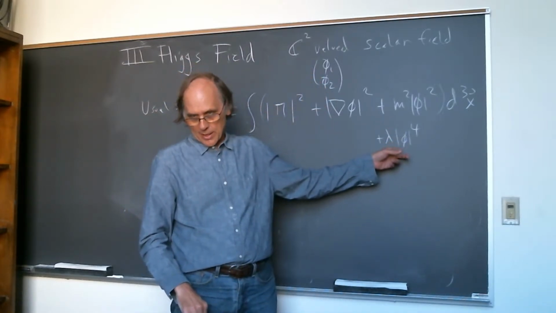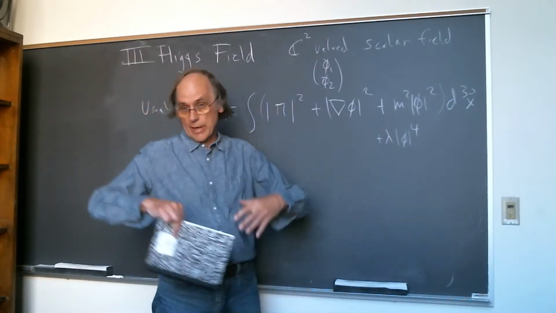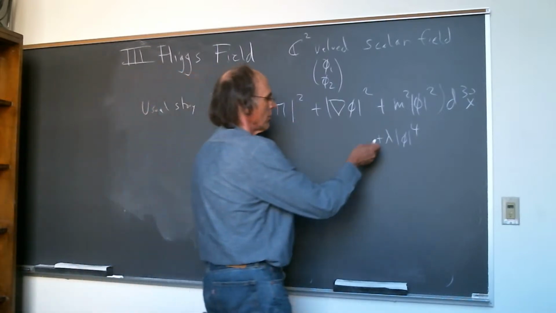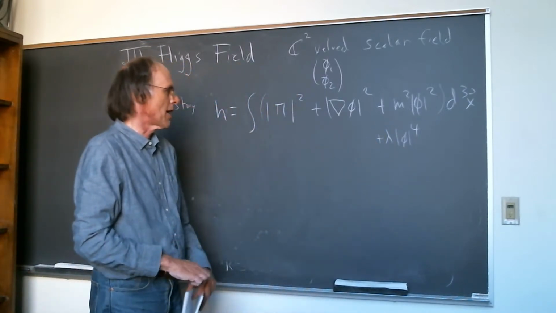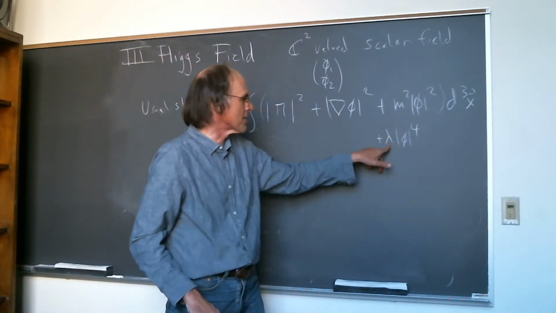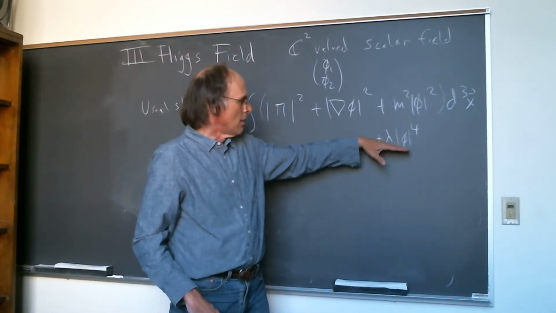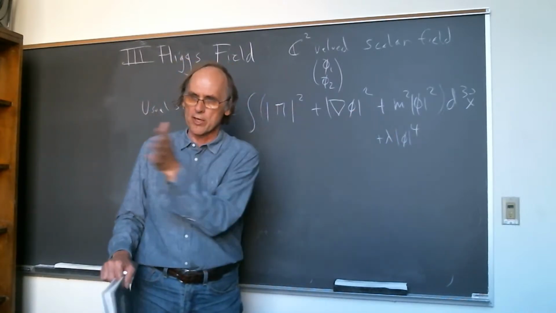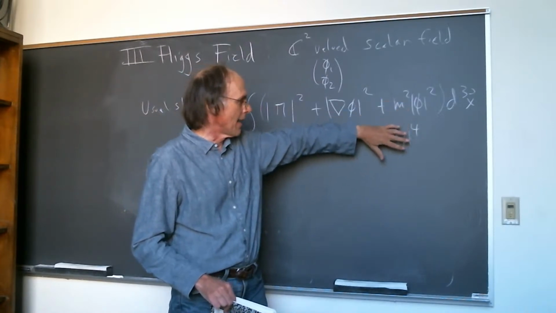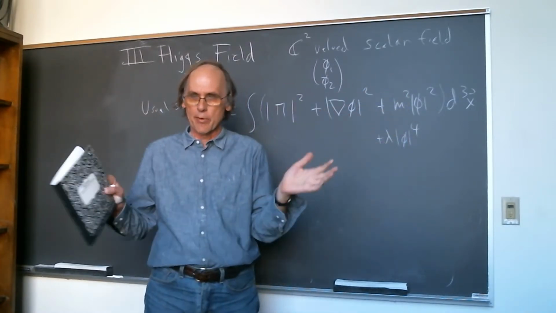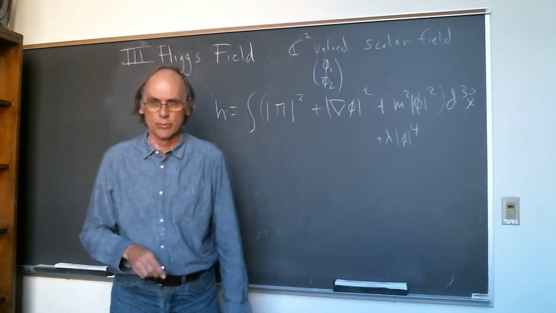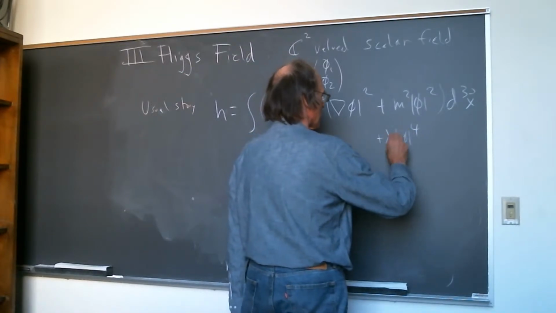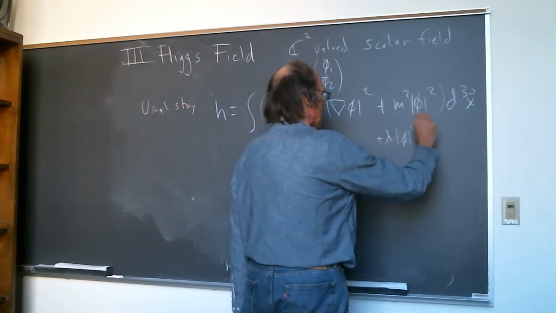You can imagine having things like this with lambda positive in order to make the energy positive definite. And what I told you before is that we're not even sure that such things really make sense, because you have to cut these things off. You have to do renormalization. You have to let lambda vary as a function of scale. And whether you can even get a non-trivial theory in the limit as you get rid of the cutoffs is unclear, or conjecturally not even possible. So that doesn't seem to be relevant.